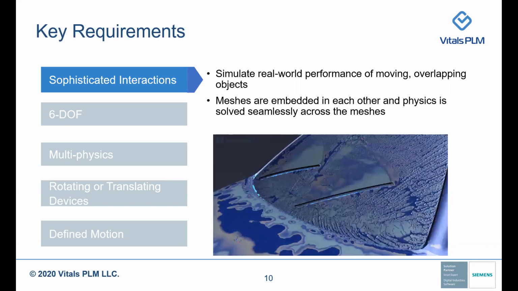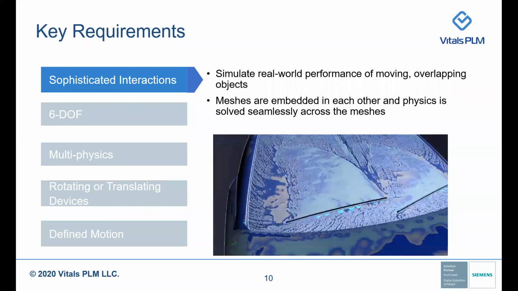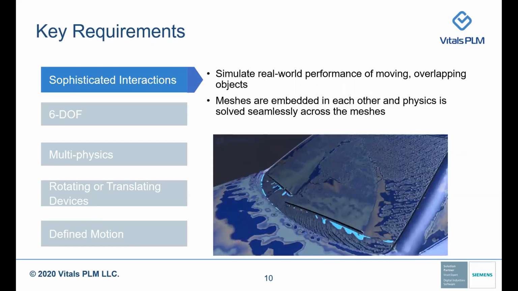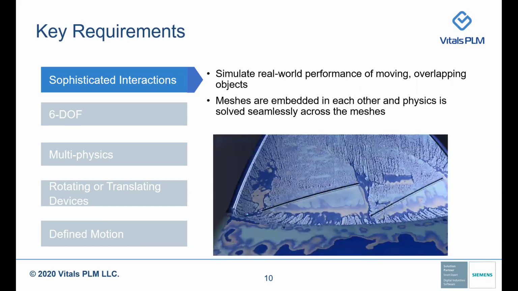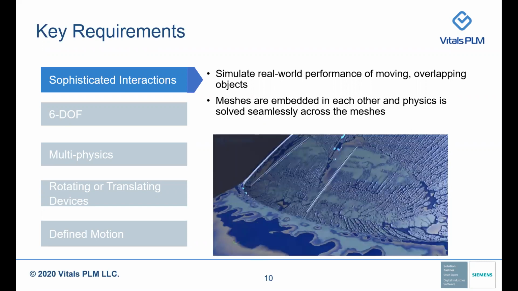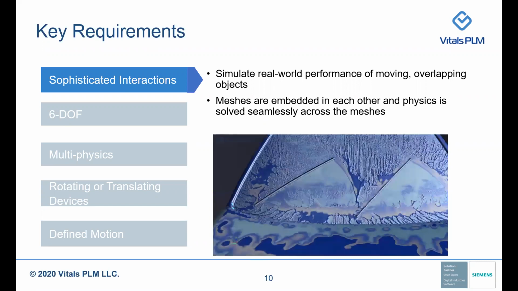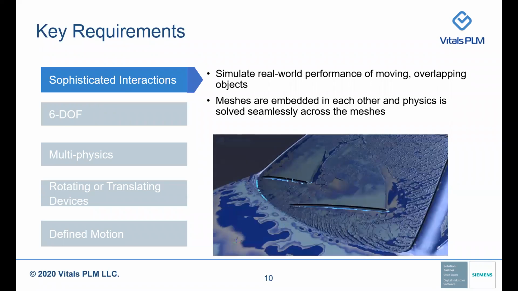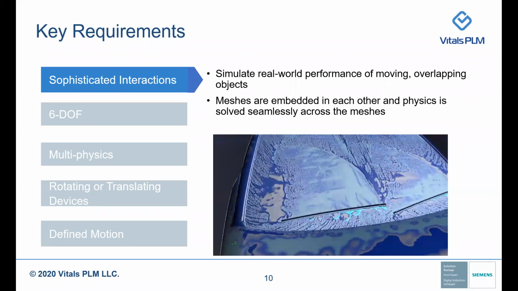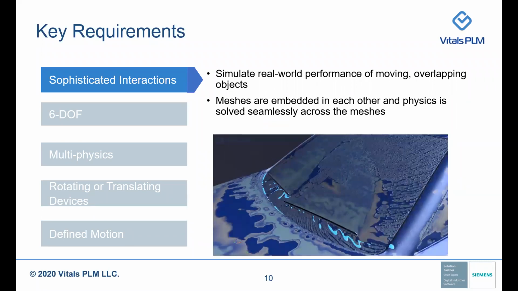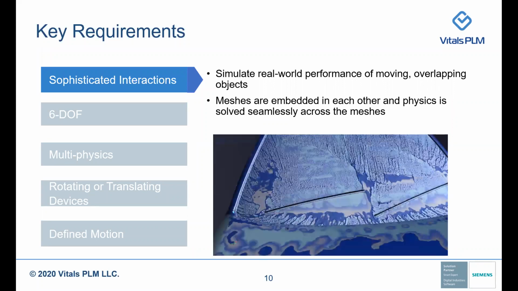So in this example, the physics need to be solved for the rainwater droplets, and then once the rainwater impinges on the windshield and creates a fluid film, there is a need for physics to solve the fluid film and also the air around the vehicle in its operation. So all this physics needs to be solved across different meshes.